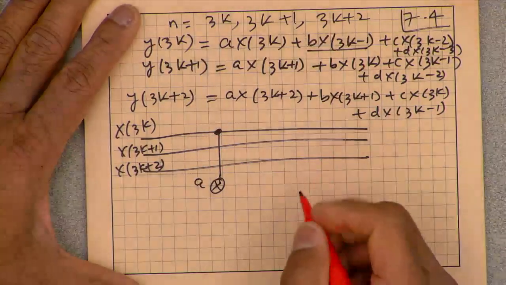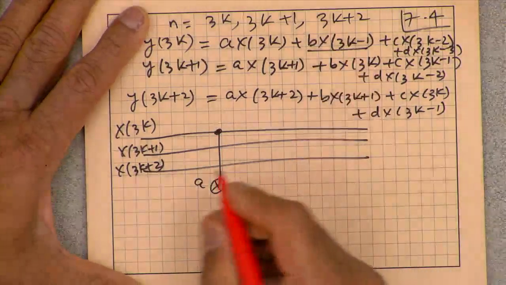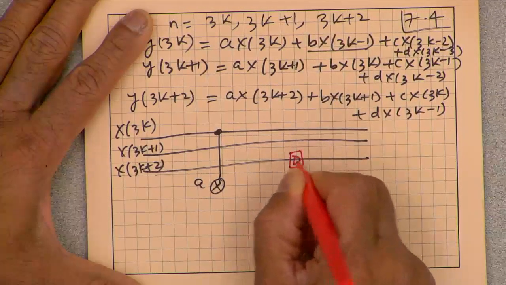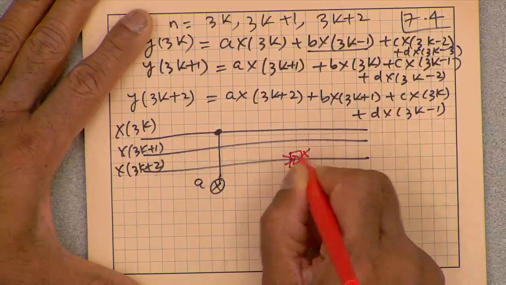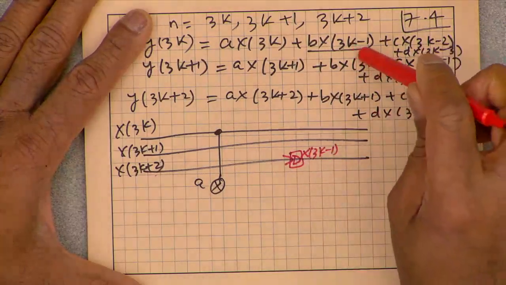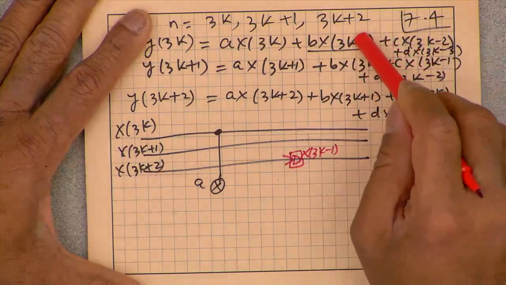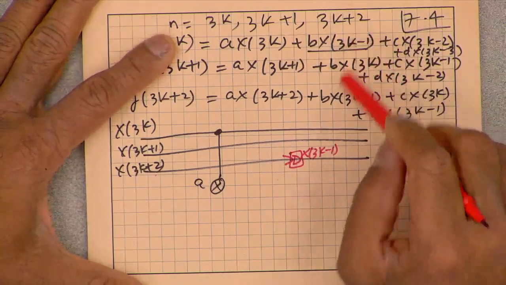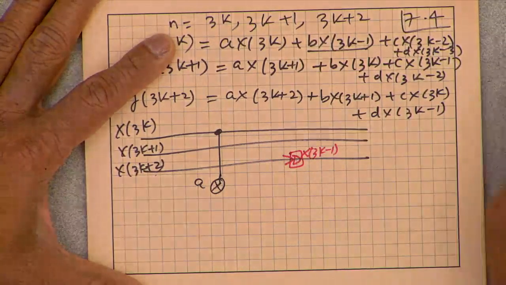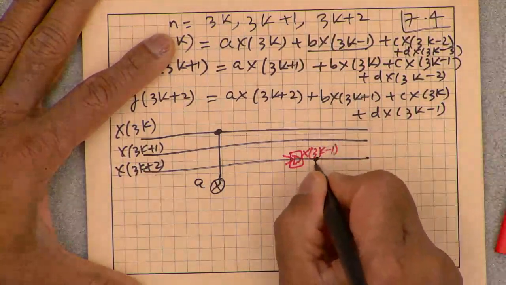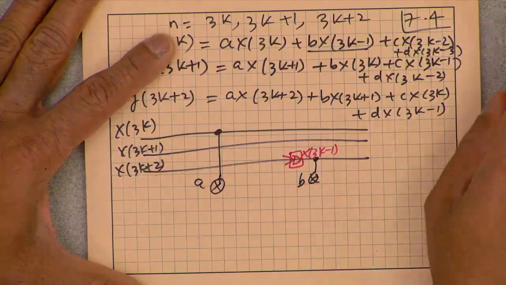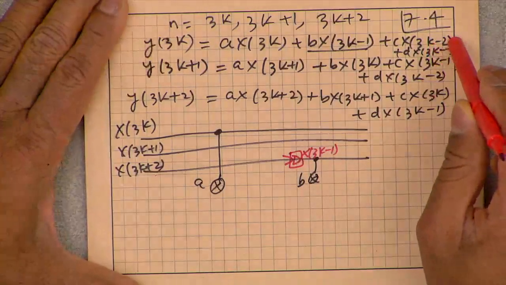Bottom wire, because this is 3k plus 2, and if I delay this by 1 delay, this will be x 3k minus 1. So how do I know? Because add 3 to that and see what it is. If I add 3, minus 1 plus 3 is plus 2. So that wire delayed by 1 cycle will be 3k minus 1.